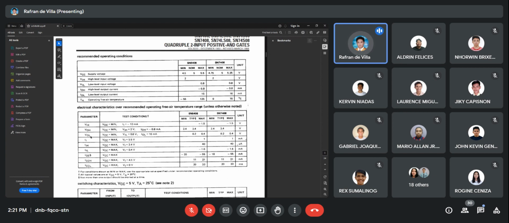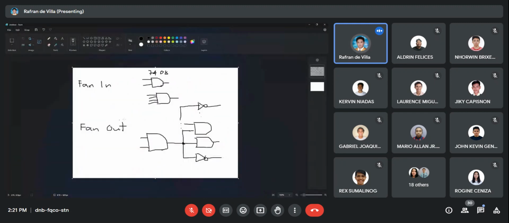Then, for voltage output low there is a maximum value which is 0.4 but no minimum, while for voltage output high there is a minimum which is 2.4 but no maximum. Okay? What is that? What is that specification for?